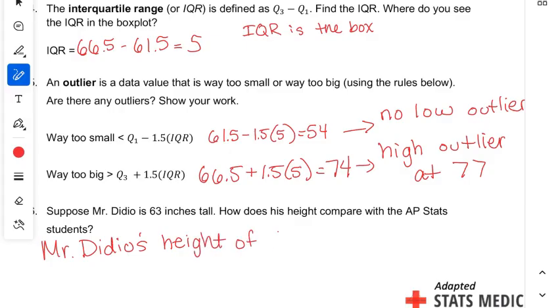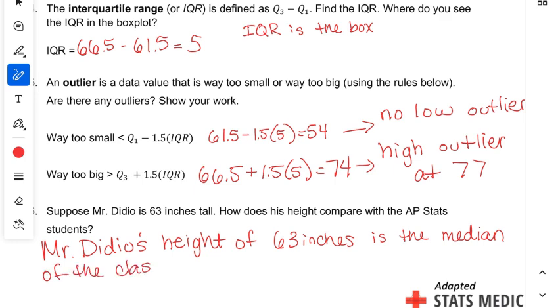So let's write that. We need a sentence starter. Mr. D's height of 63 inches. You always want to include the values. So if you just say his height is taller than and shorter than the median, that wouldn't do it. You've got to include numbers.